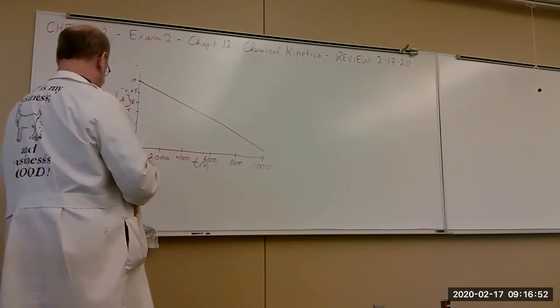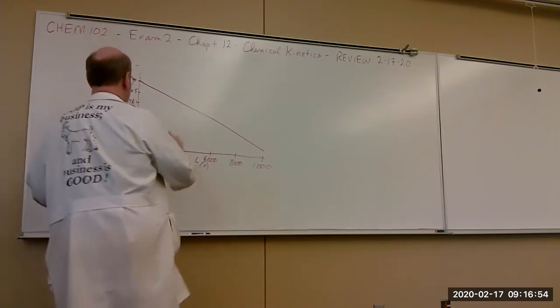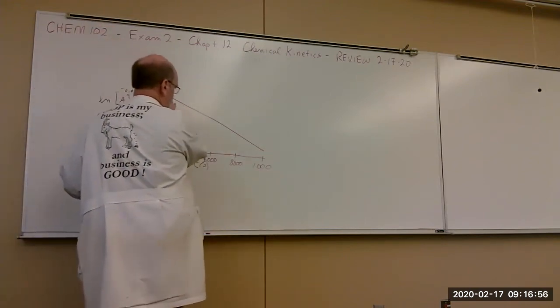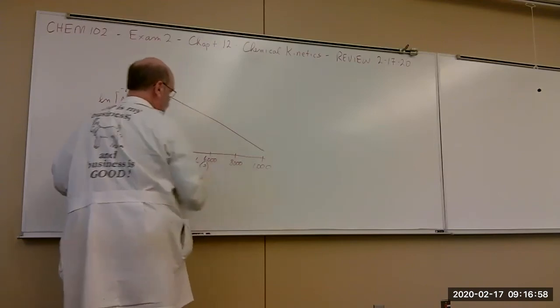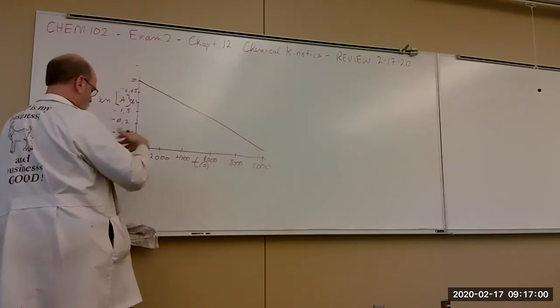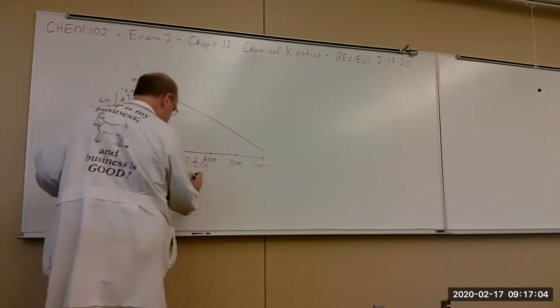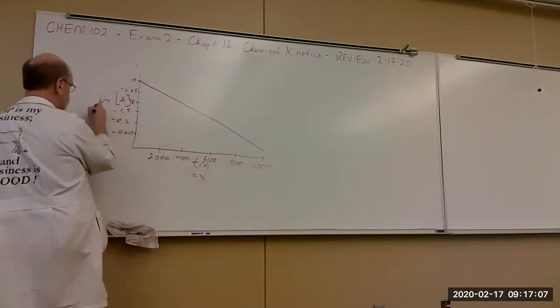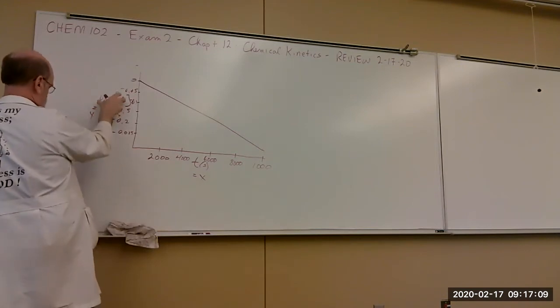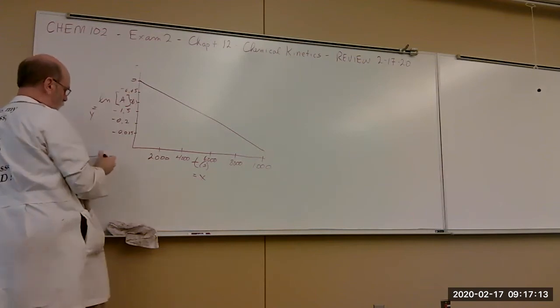Now, you're given the formula for that straight line in terms of y's and x's. So you have to realize that this is equal to your x's, and that whole expression, the natural log, is equal to your y's.